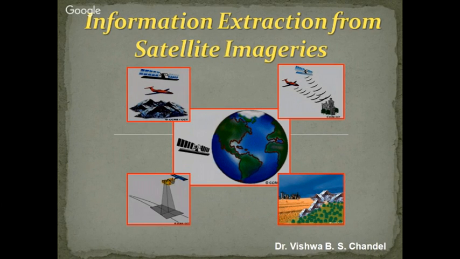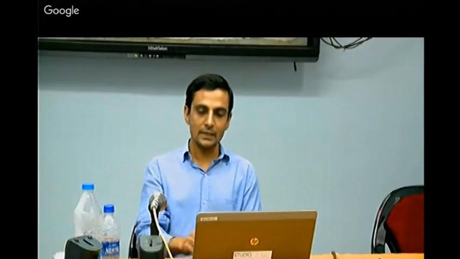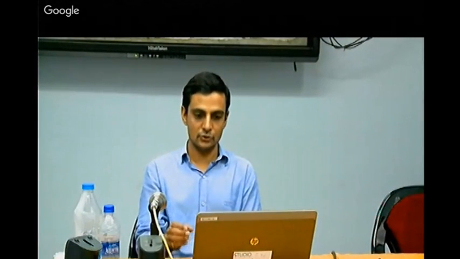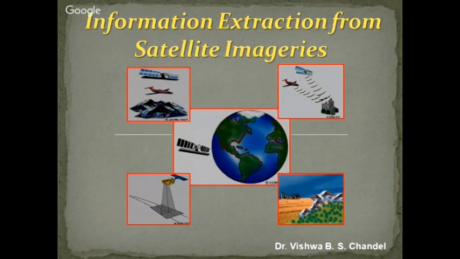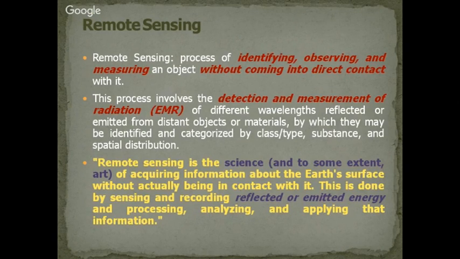So before coming to the process of information extraction, let us quickly talk about the remote sensing process. Now, remote sensing is usually considered as the science of identifying, observing, and measuring objects without coming into any physical contact with them.